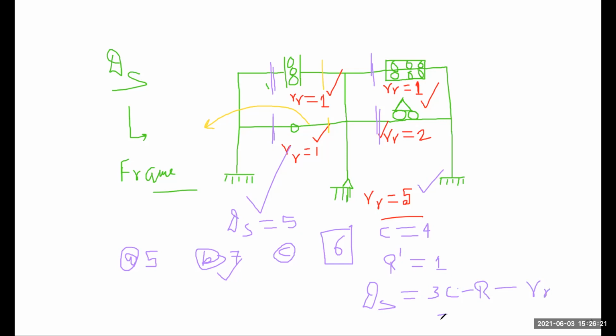So what we get: 3 into 4, 12, minus 1 and also minus 5. So 12 minus 6, we get 6. So here DS of this frame comes out to be 6.